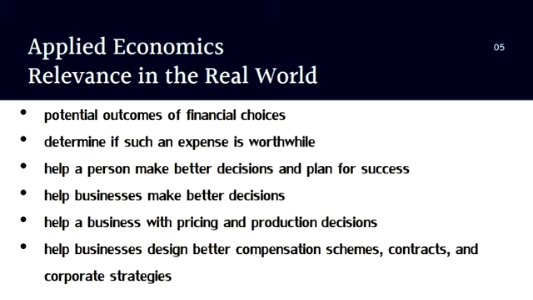So awareness of economic leading indicators and their relationship to a firm's industry and markets can help with operational planning and business strategy. So understanding economic ideas such as principal-agent problems, transaction cost, and the theory of the firm can help businesses design better compensation schemes, contracts, and corporate strategies.